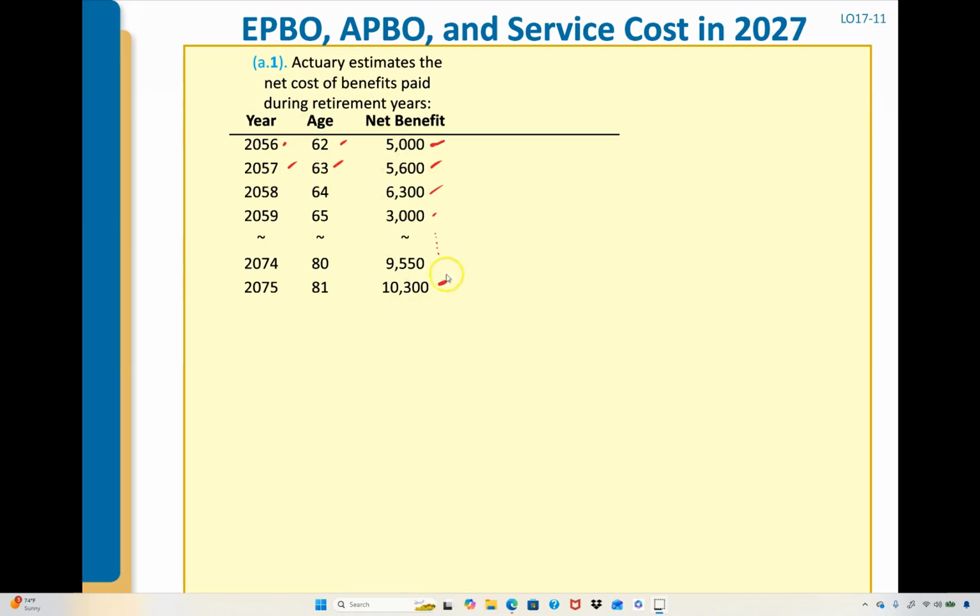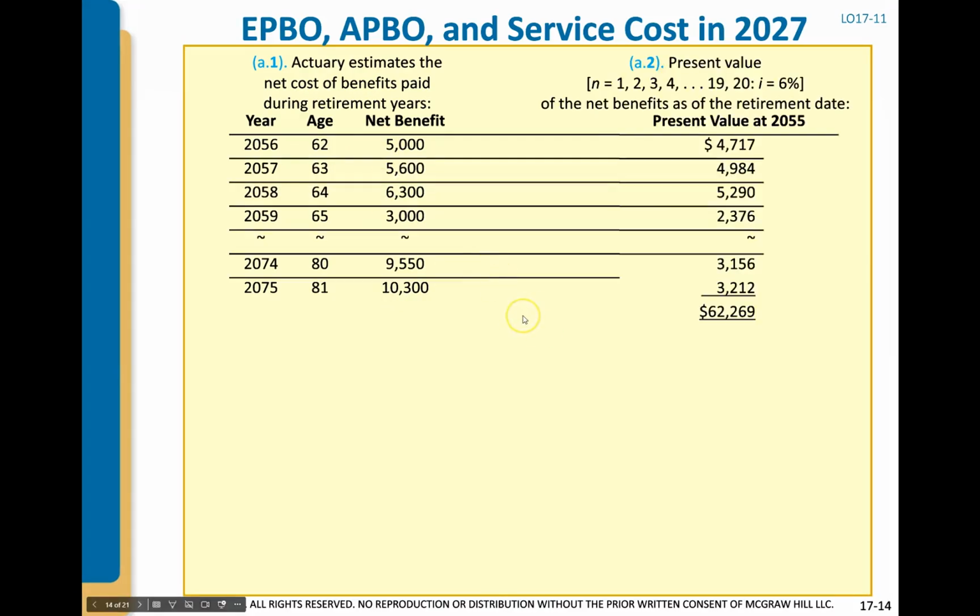This is different, which means because the costs are different every year, and we have to present value that back to 2055, the date of retirement. We have to do a present value calculation per year, and we're going to do the present value of $1, right, for $5,000.